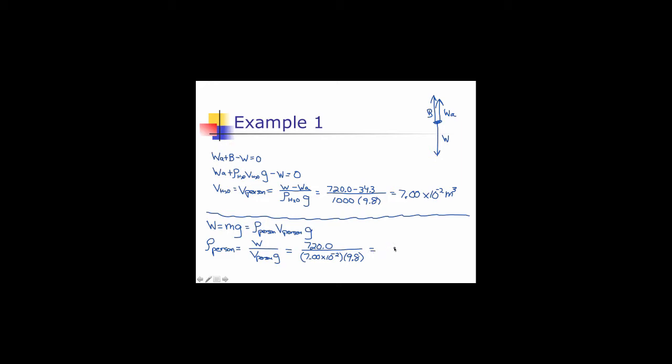And when I put that in my calculator, I get 1,050 kilograms per cubic meter. And you can actually substitute in the units here, kilogram meter per second squared, and this would be meters cubed, and this is meters per second squared. So the meters per second squared cancel, and I get kilograms per meters cubed.